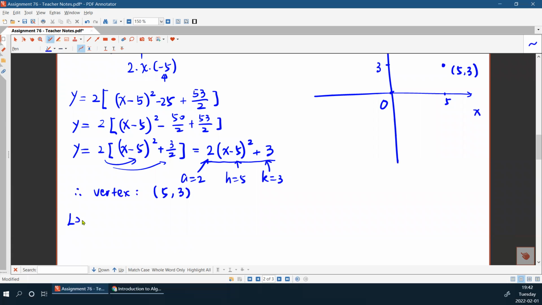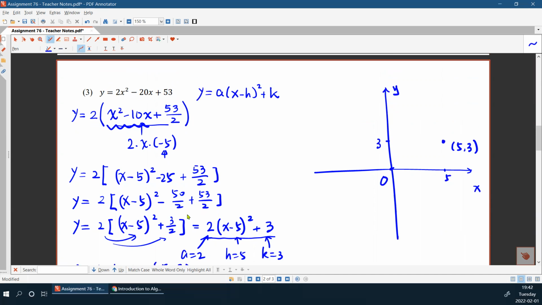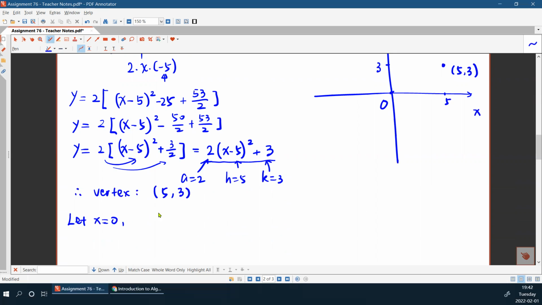First of all, we can let x be 0 to find its y-intercept. If x is 0, let's put it in the original expression. That means y equals 53, right? That means the y-intercept is (0, 53).